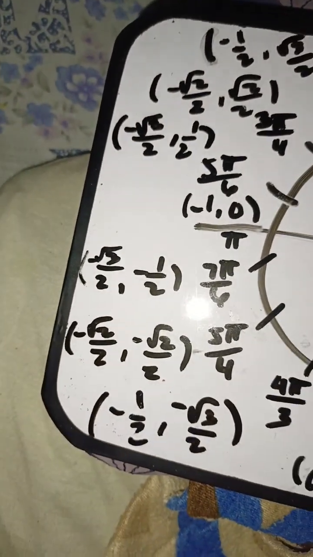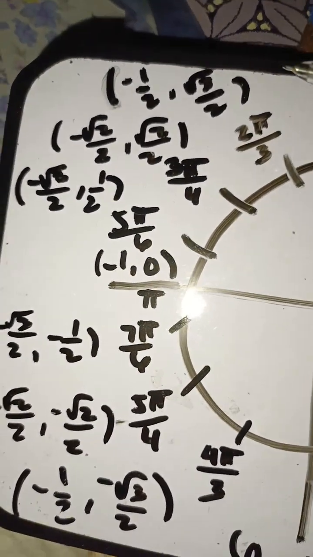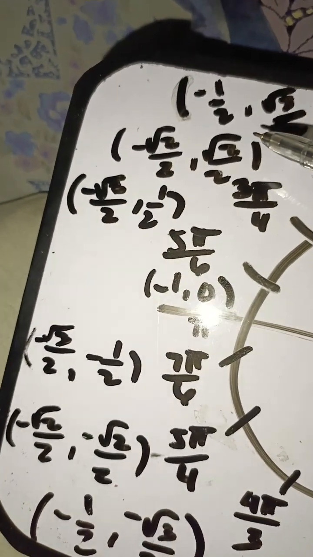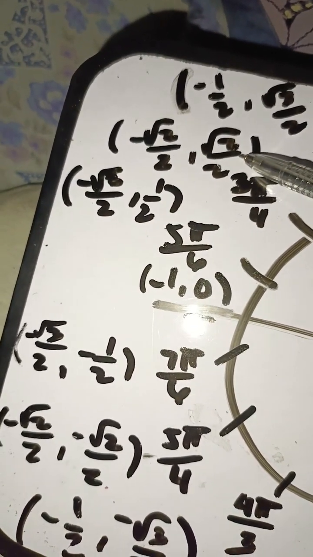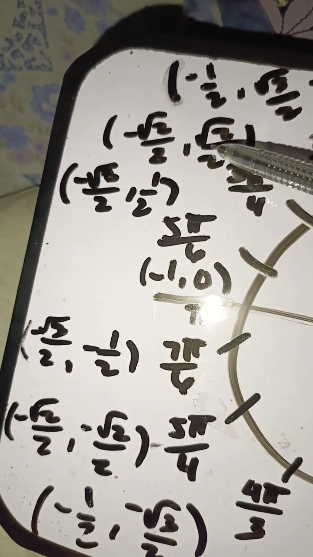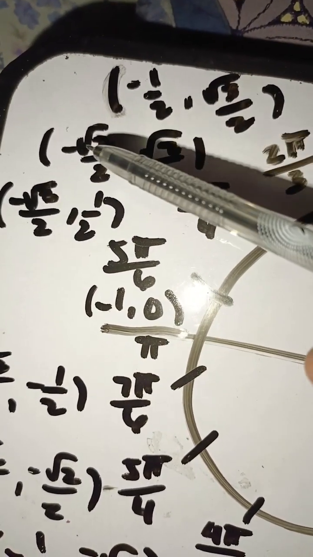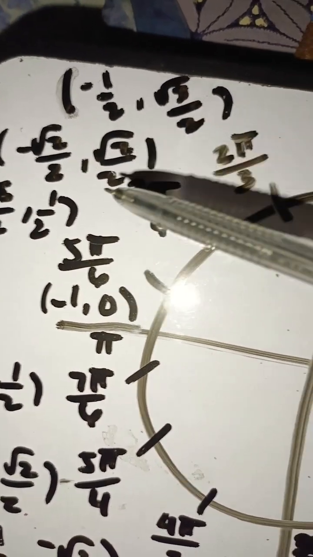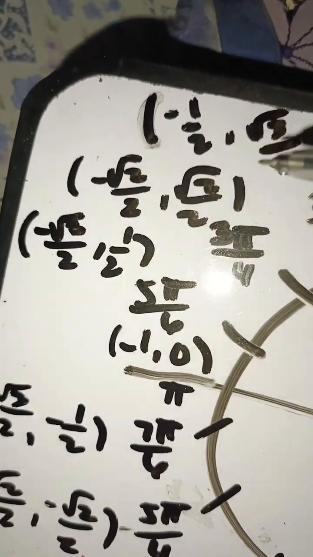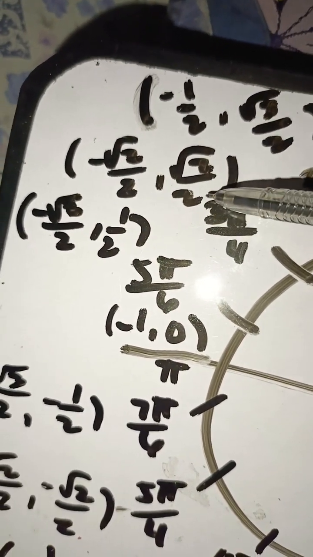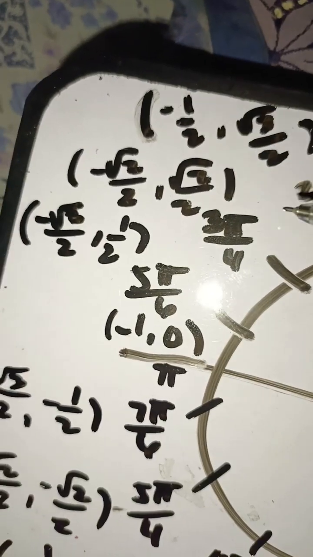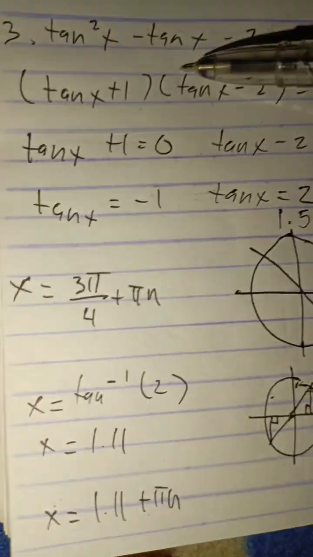So, if we have y over x, let's divide here, where if you divide a number by itself, it is equal to 1. And if you divide positive and negative, it is negative. So here it is, square root of 2 over 2 divided by negative square root of 2 over 2 is equal to tangent negative 1. So its value is 3 pi over 4.